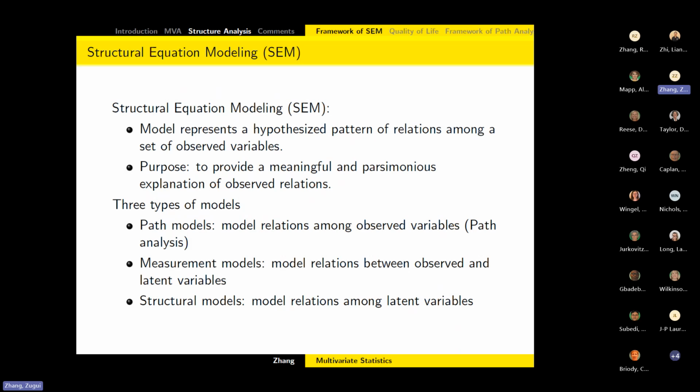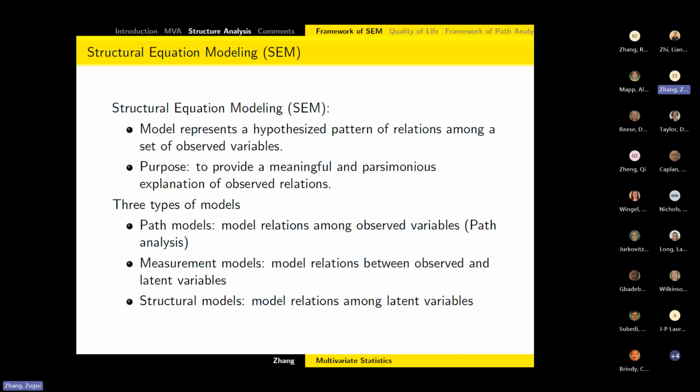One of the techniques is structural equation modeling. Structural equation modeling represents the hypothesis of the pattern of relations among a set of observed variables. The purpose is to provide a meaningful and parsimonious explanation of observed relations.